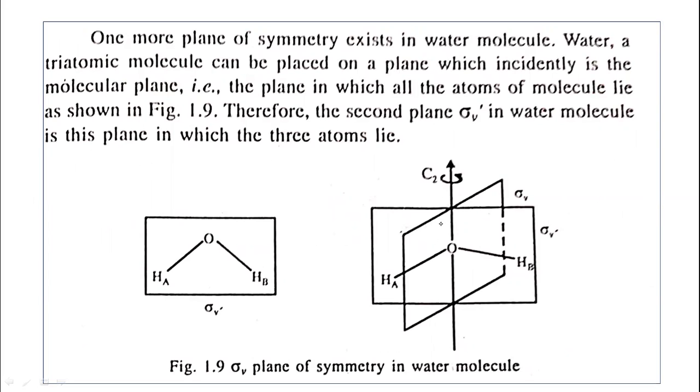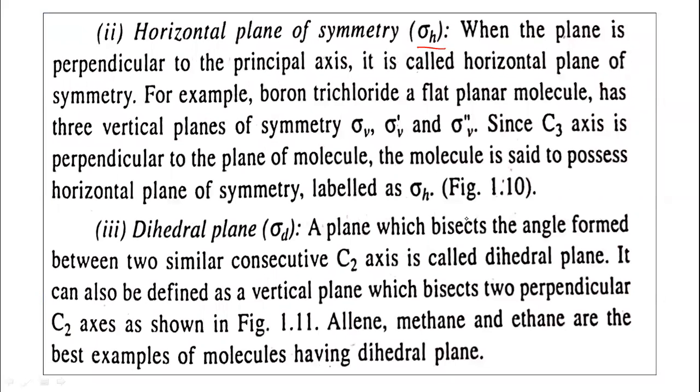This is the point of intersection of the two vertical planes. This is the C2 axis which is present in the water molecule. One vertical plane is denoted by sigma v. Another vertical plane is denoted by sigma v dash. So the water molecule is having two vertical planes of symmetry.